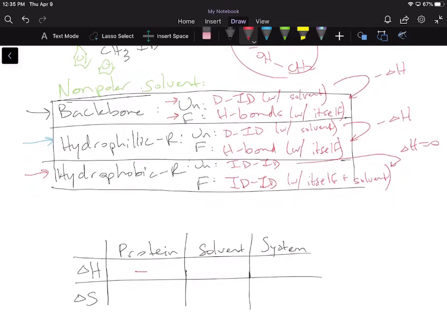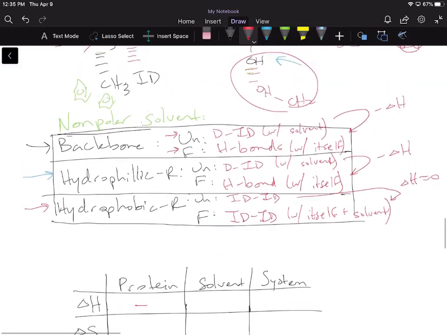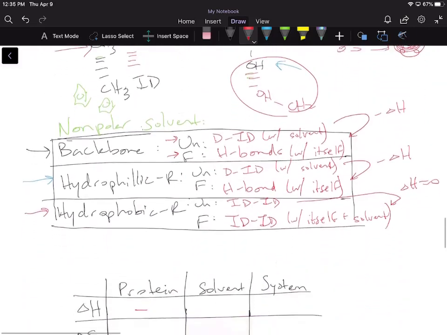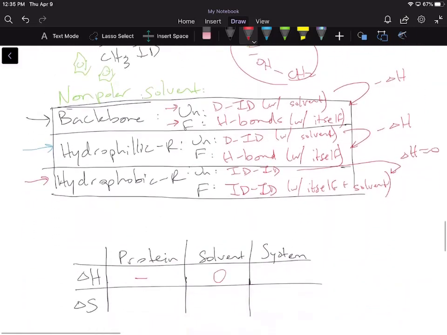Now if we're looking at the solvent, the type of bonds that the solvent's making, just simplifying things, what's happening is that when it's interacting with the solvent, it's making dipole-induced dipole interactions, and whenever it's in the folded state, it's making mostly induced dipole interactions. We're going to simplify that and say because these don't play a significant role in your delta H, it's roughly around 0, okay?